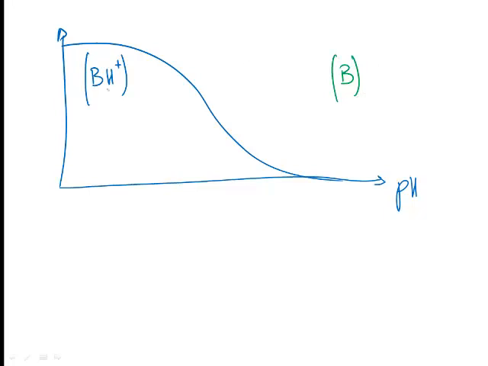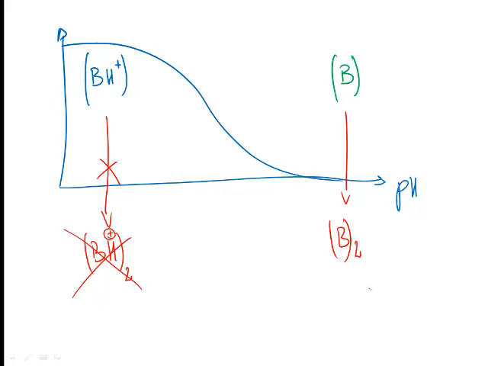BH+ is the conjugated acid. This time the conjugated acid cannot partition with the organic solvent because the protonated form is not soluble in organic solvent, but the neutral form of the base B can partition, and at high pH, the base will partition.